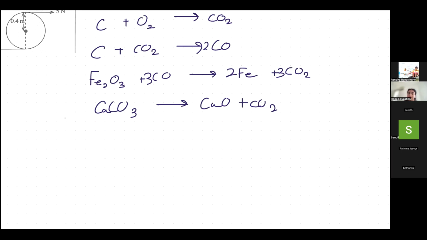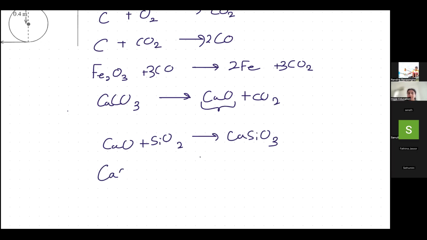Then the calcium oxide formed here will react with silicon dioxide, forming CaSiO3. And it will also react with alumina, Al2O3, and form CaAl2O4.